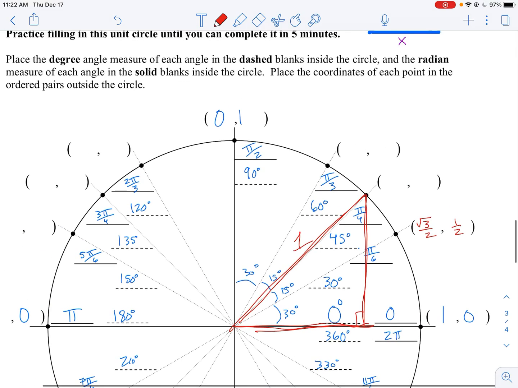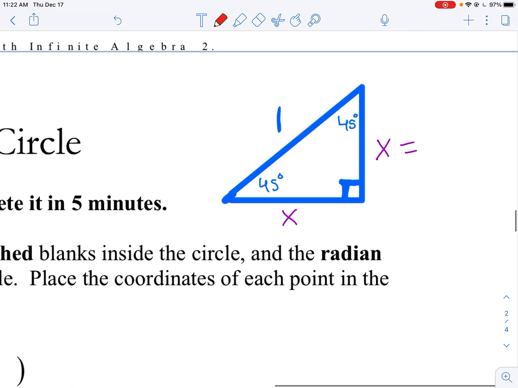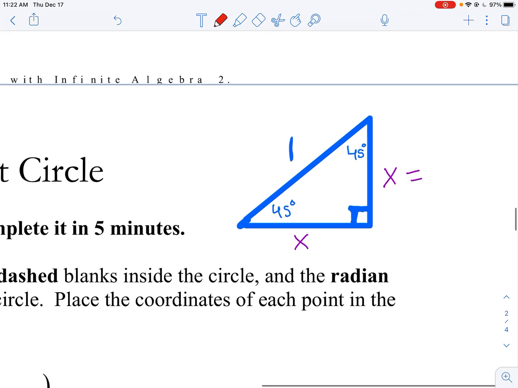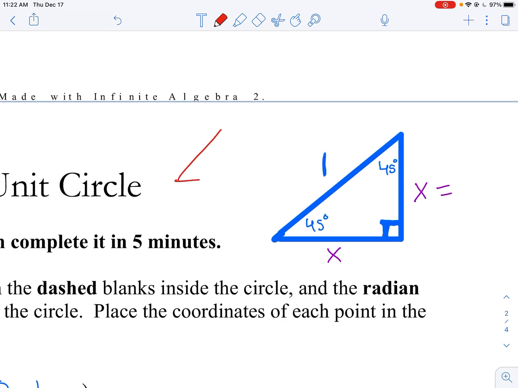And so let's look at what we remember about 45-45-90 triangles. Well, if you remember, a few days ago we learned that on a 45-45-90, if one of the legs is some distance a, the other one's going to be the exact same, and the hypotenuse is a times the square root of 2.